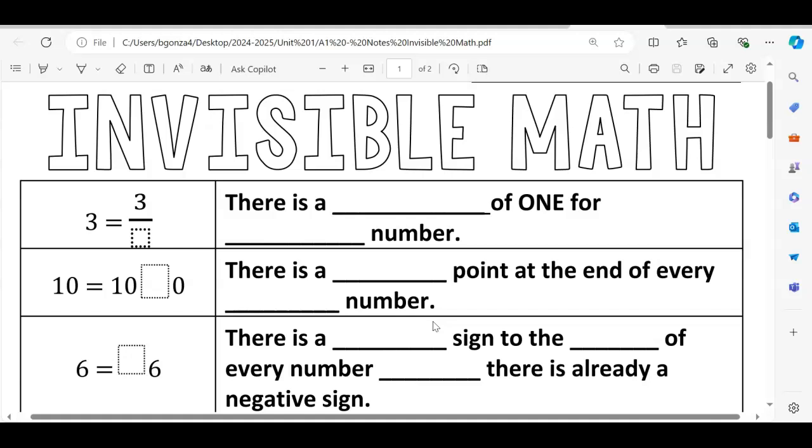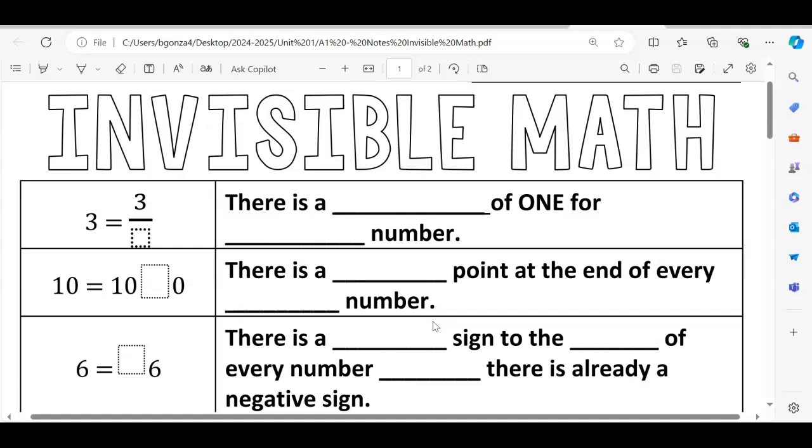Meaning it's stuff that's there, it's implied, but we don't always write it. Now, do y'all see this poster here and over here? These are posters that talk about invisible math. So after today, if you're trying to remember some of the stuff we talked about, it'll be on that poster. But I'm gonna think a lot of this stuff you may already know, so it shouldn't be too hard, hopefully. First things first.